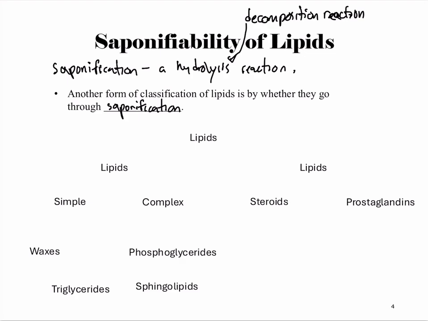So hydrolysis on its own is usually acid catalyzed, and saponification was base catalyzed, right? So this is a hydrolysis reaction that is base catalyzed. So this reaction can happen if we have acid present or base present.